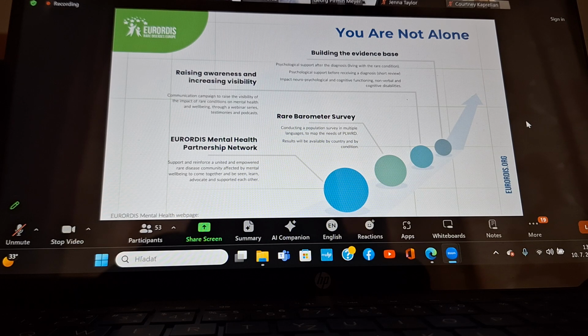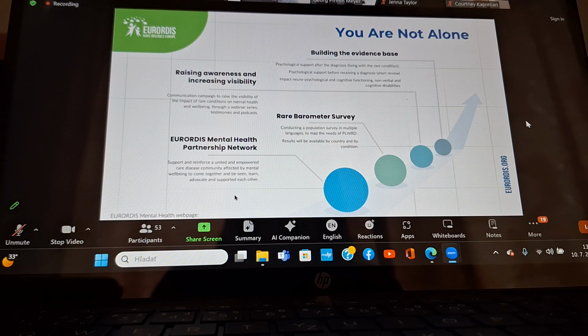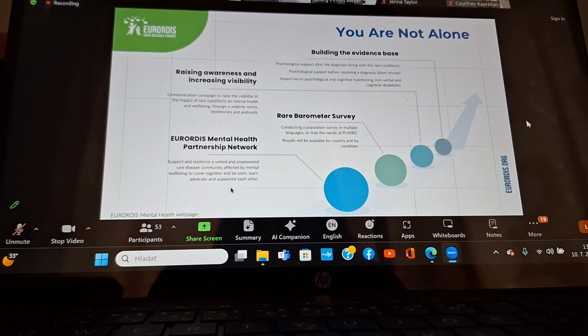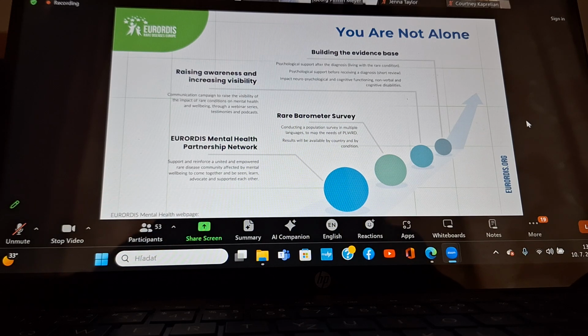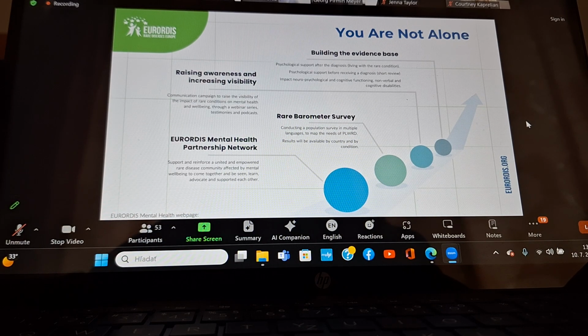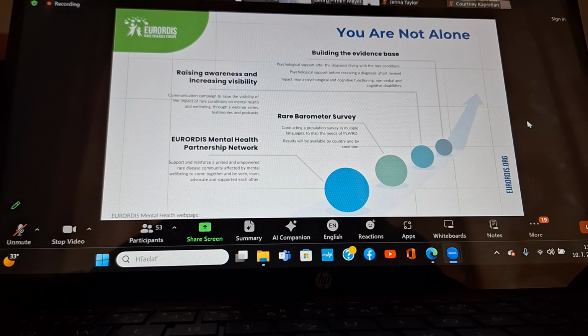So what we're doing as Eurodis, we've set up something called a partnership network. And this partnership network is aimed at uniting and empowering our community to take action, for us to be seen, to learn from each other and support each other, and really put our mental health and well-being at the centre, and say this is important, we need to take action.